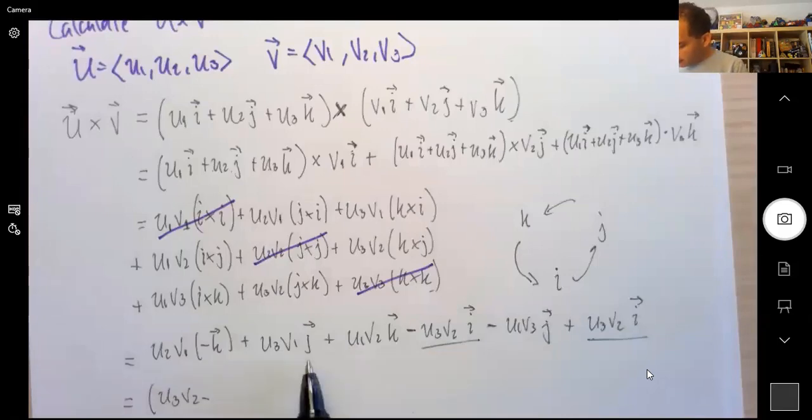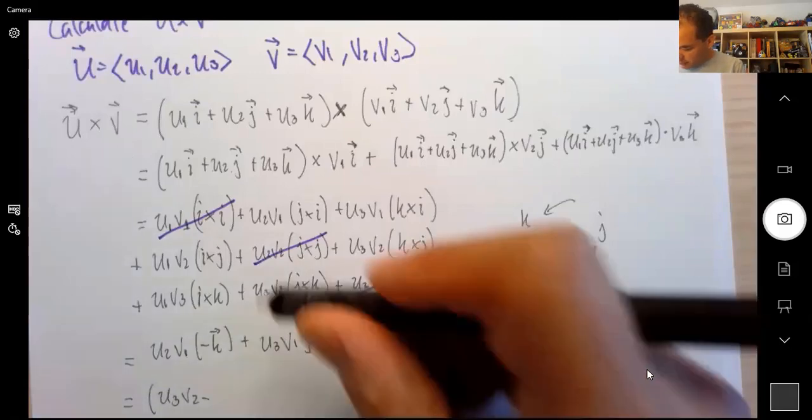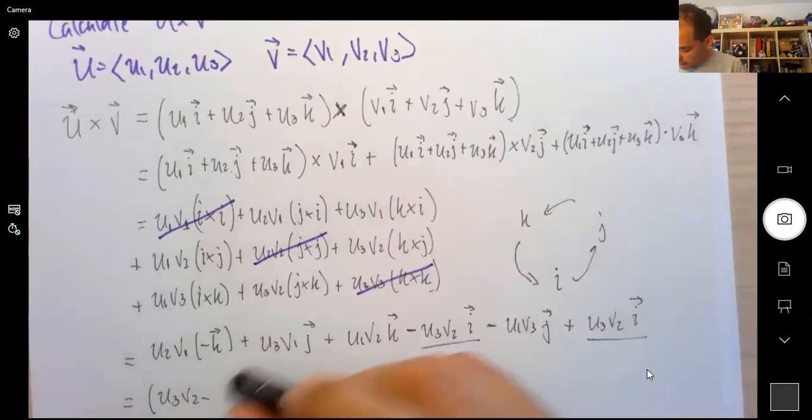Let's see, I shouldn't be getting the same one. So let's see, where does this one come from? This one comes from this one, which has a mistake, right? This should be U2 V3.